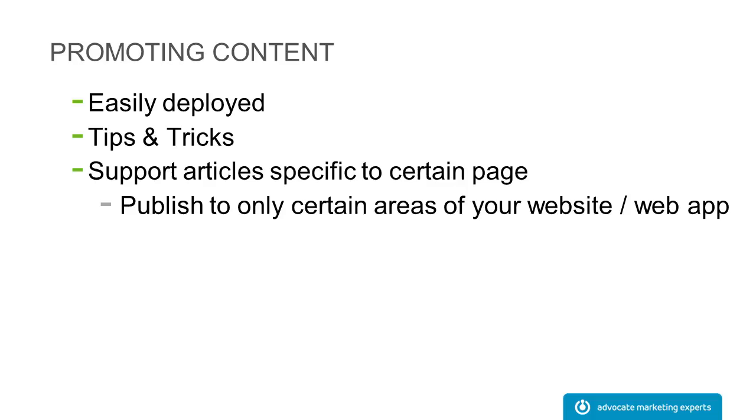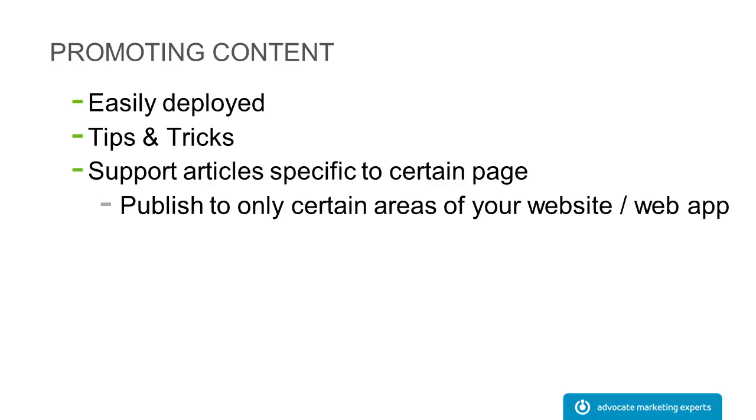Along the same lines, if you have some new tips and tricks, some new content that are relevant to a particular part of your website or part of your app, you can also link to those through a complete an online action stage through AdvocateAnywhere. I've seen this, and it's one of the more popular uses.